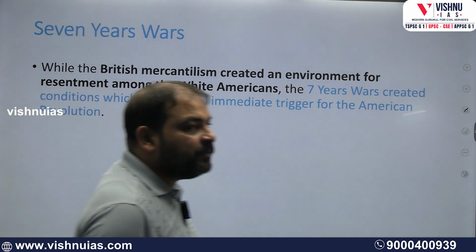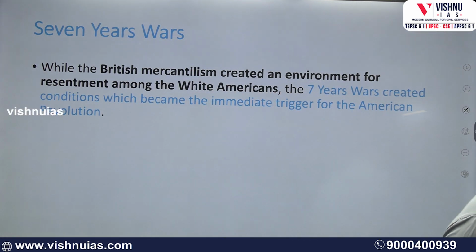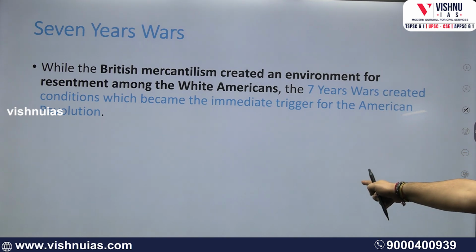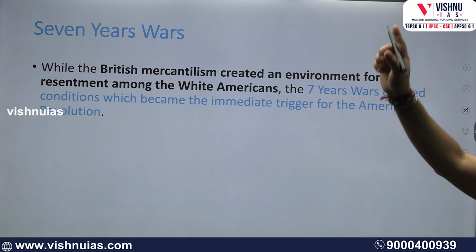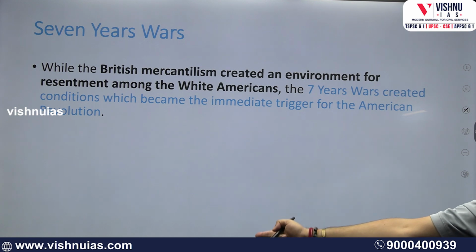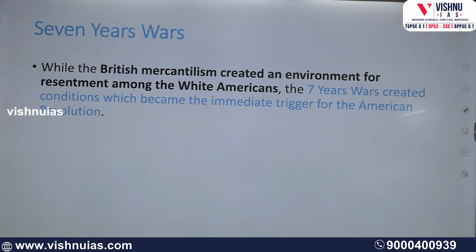Initially, the relation between Britain and these colonies are good, but later, thanks to this 7-year war, this relation will deteriorate. Even before this 7-year war, mercantilism, I'll show you the points. For example, Americans were told that any good that you export, first of all, should come to British port. You should always use British ship only.